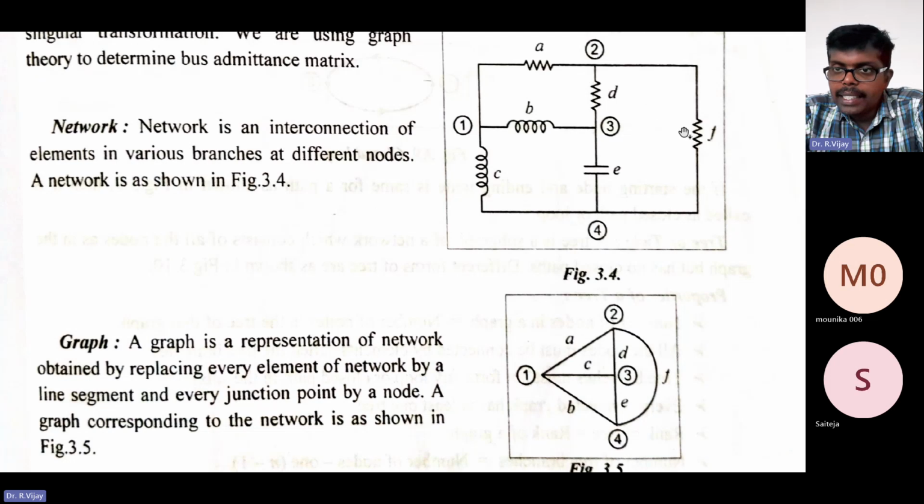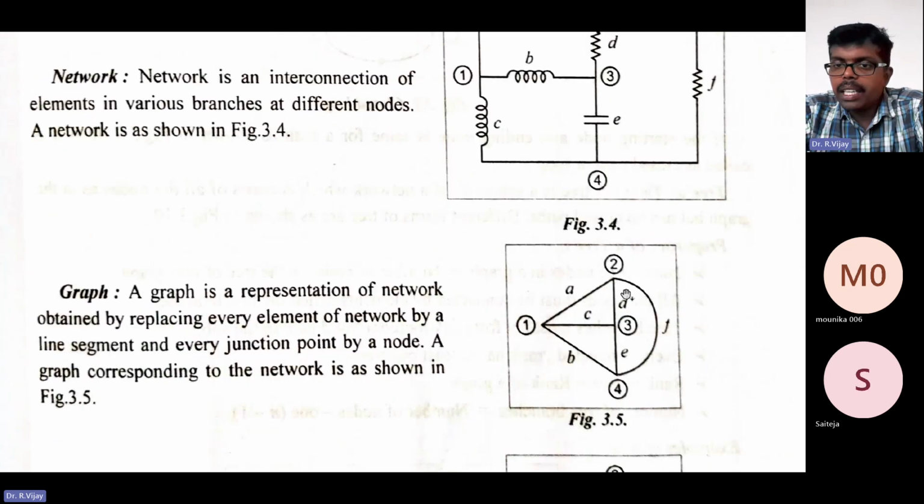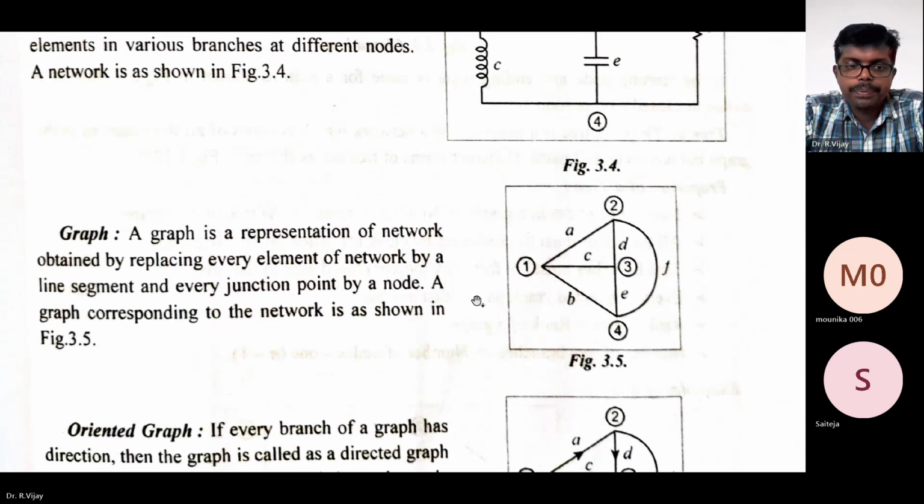If you connect by a triangular shape, again one node will come and many confusions will arise. To avoid that, we do it like this. So this is converted like this, and nodes are also marked. That is nothing but a graph.